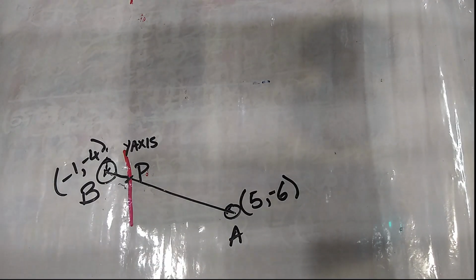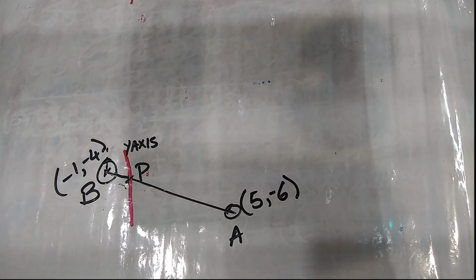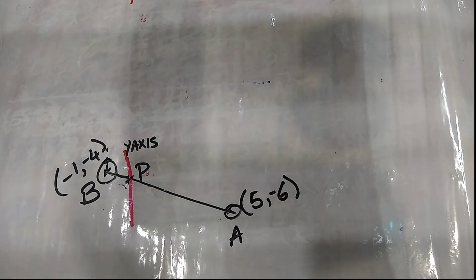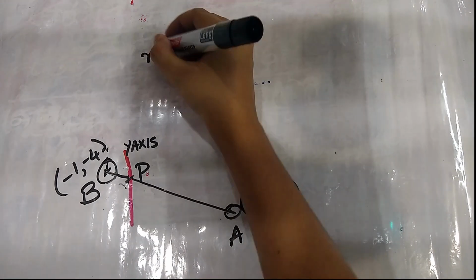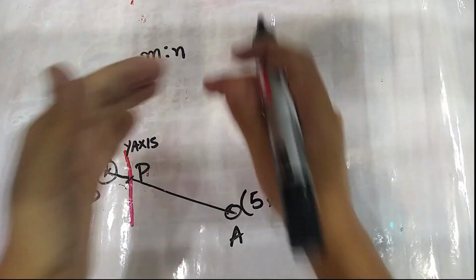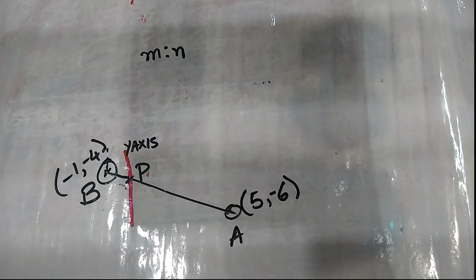Now going according to this diagram, let us get into the formula. But first, let me tell you this. We can also use k is to 1 instead of m is to n in this case. If you use m is to n, it makes the whole thing more complicated.